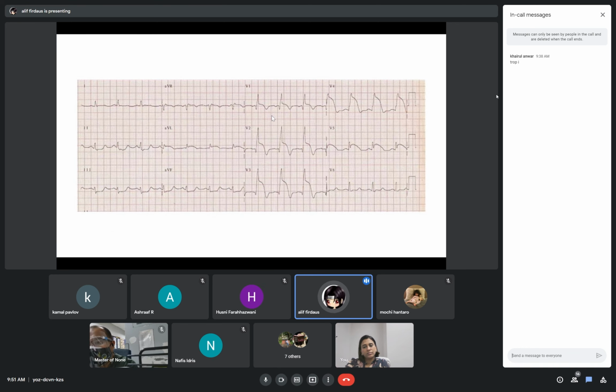So the next ECG, if we see V1 until V4, it is quite obvious the ST elevation. So this one is also an anteroseptal MI.